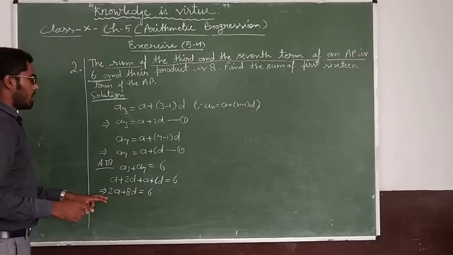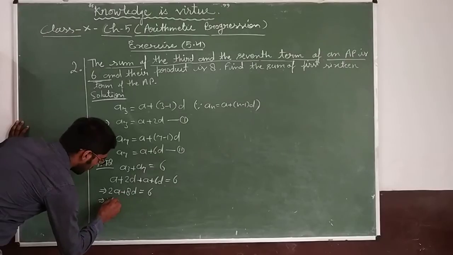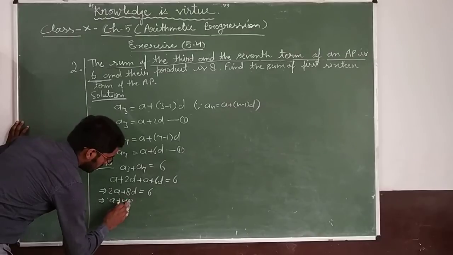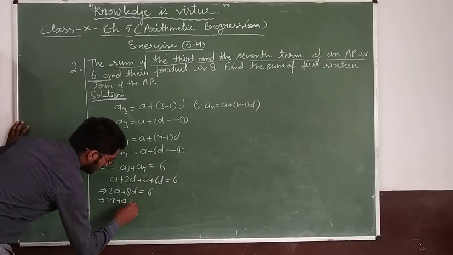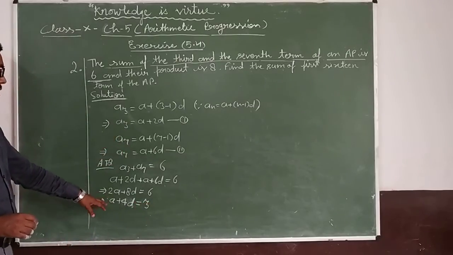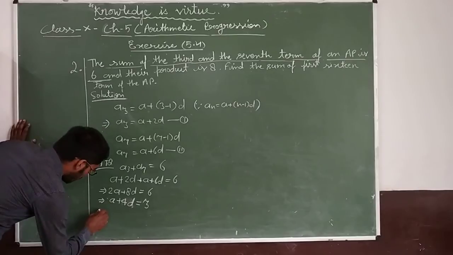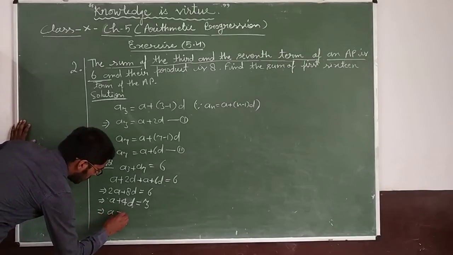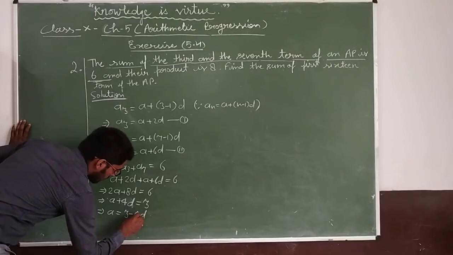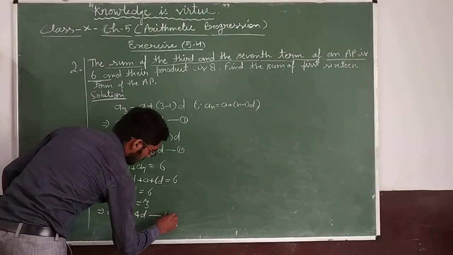You can divide the whole equation by 2 because 2 is common. Two fours are 8, and two threes are 6. So you can write this equation in the lowest form: A plus 4D is equal to 3. You can write another form: A is equal to 3 minus 4D. This is equation number three.